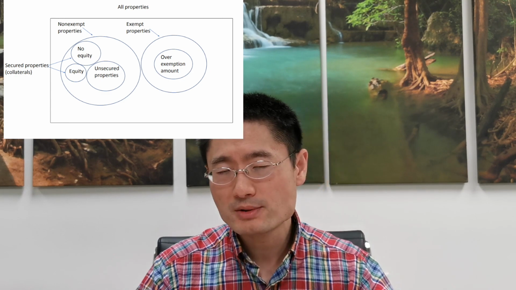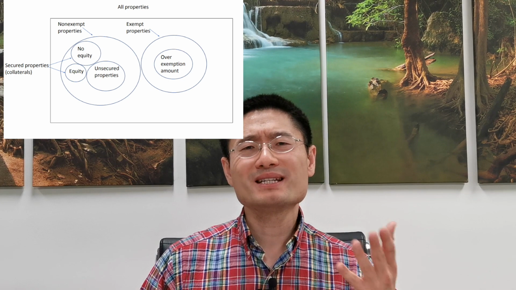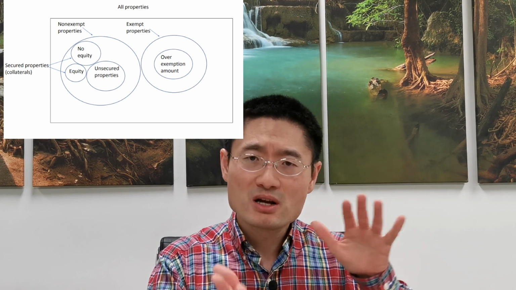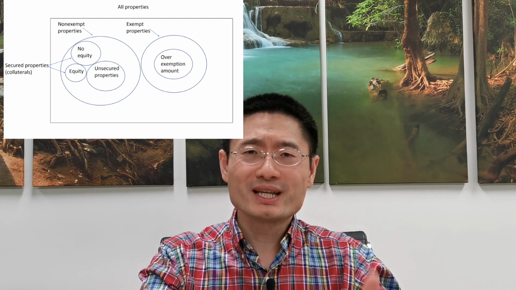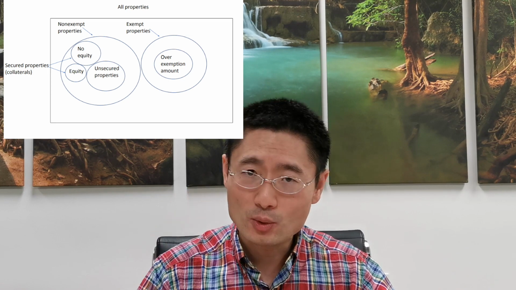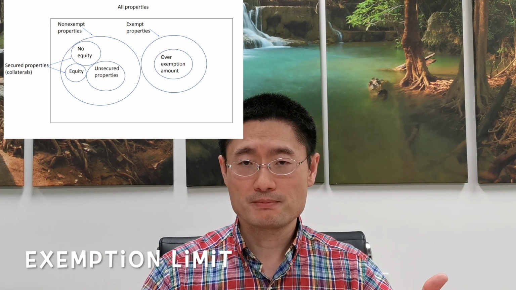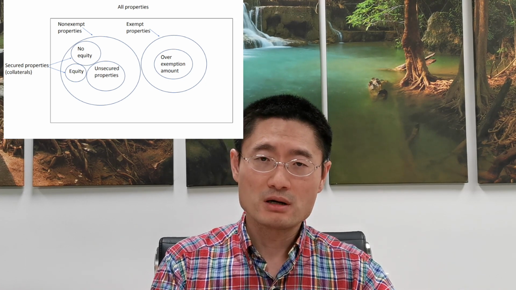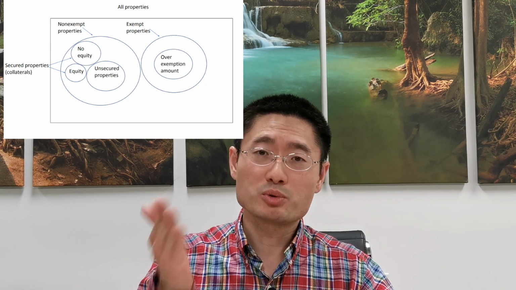All right, let's talk about exempt properties. So like I said, exempt properties are for the most part exempt from liquidation. So you get to keep those properties, but up to a certain value, and that value is what we call an exemption limit. Exemption limits differ from state to state and from property to property.